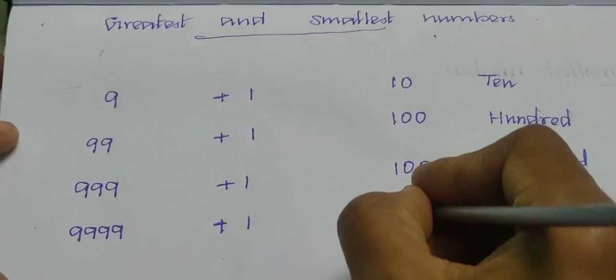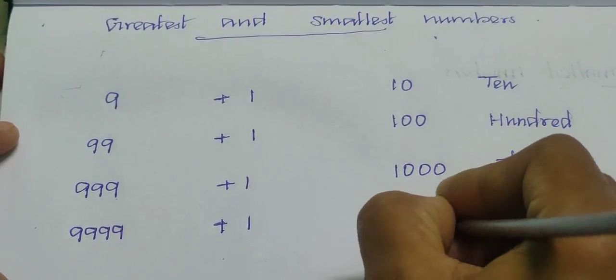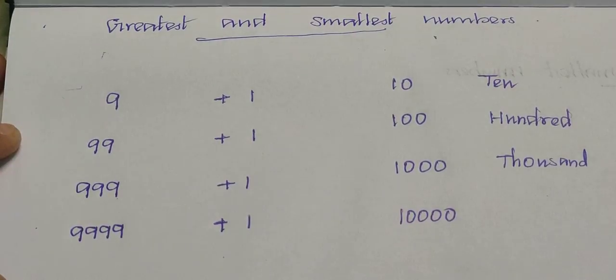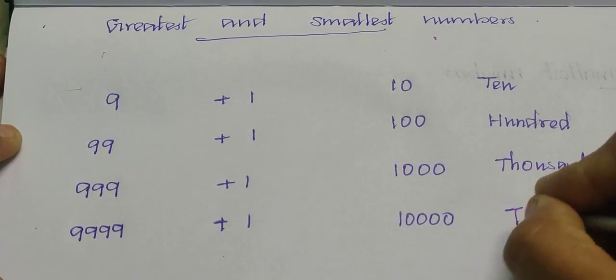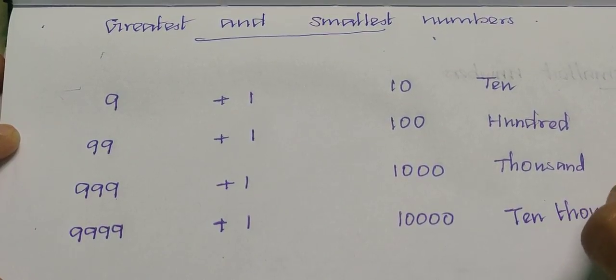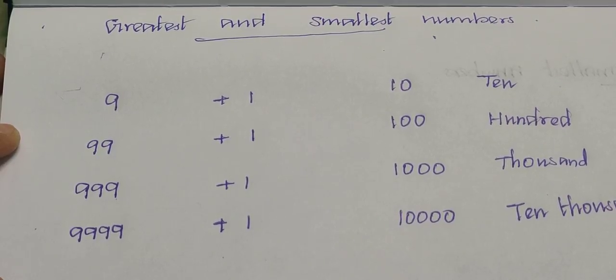You will get 10,000. Write the spelling for 10,000: TEN THOUSAND.